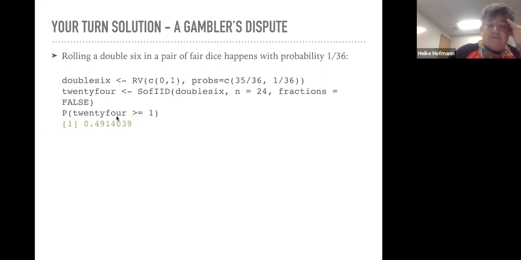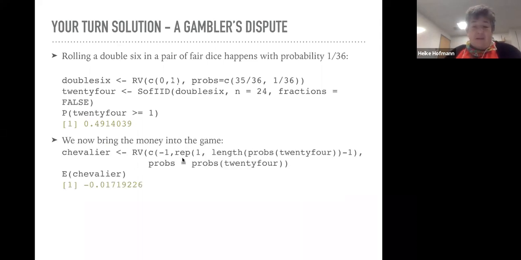So the probability for 24 rolls is 0.49. We see no double six with a probability of 0.51 something, and a double six with just under 50% probability, which means that no, Chevalier de Mere should not try this particular game.